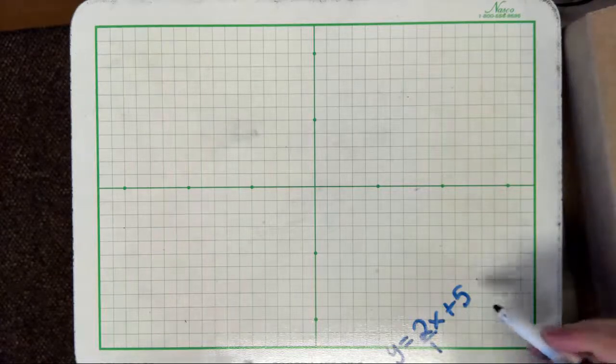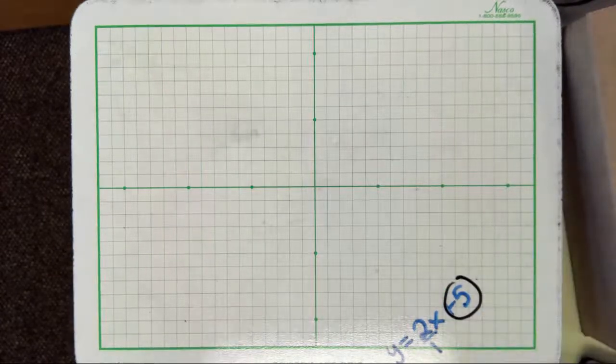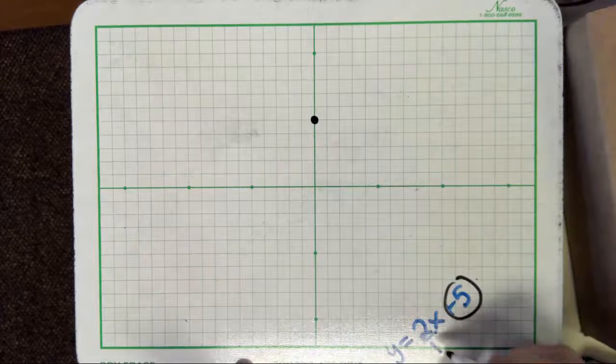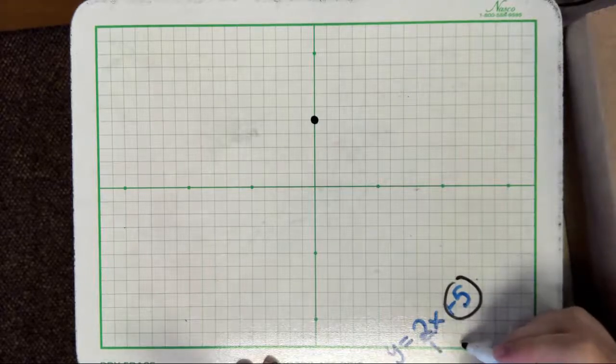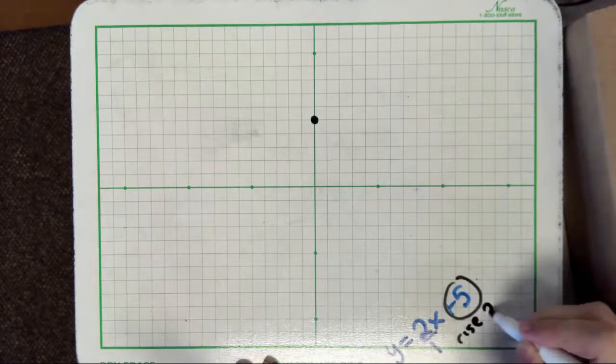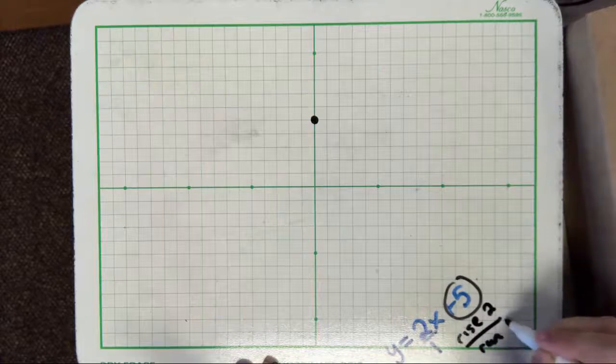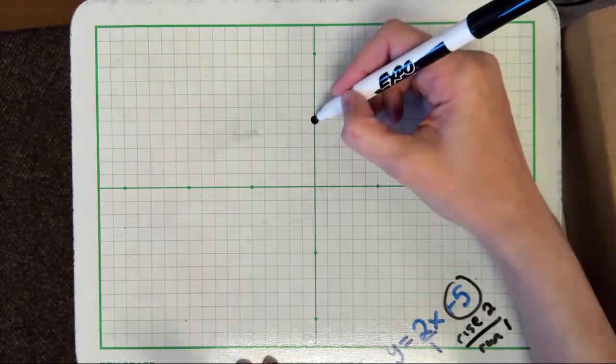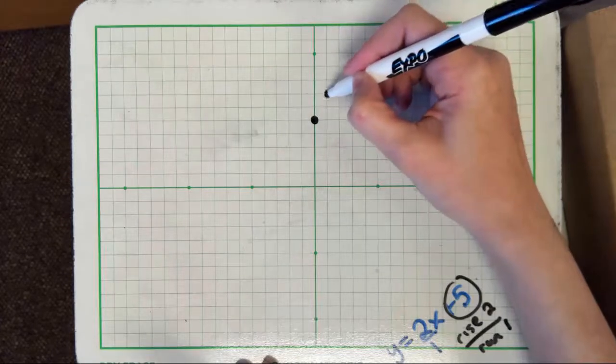I'm going to begin with my y-intercept, which is the number that's being added or subtracted out to the side. So I draw my point at 5. Then I'm going to use my slope, which is 2 over 1. I'm going to rise 2, and I'm going to run 1. It's a positive slope, so I want to do that both positive ways, so up 2 and right 1.